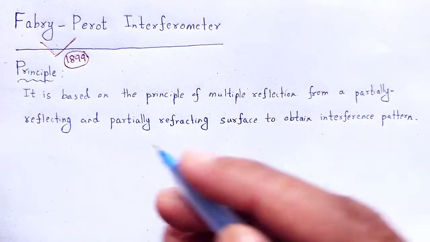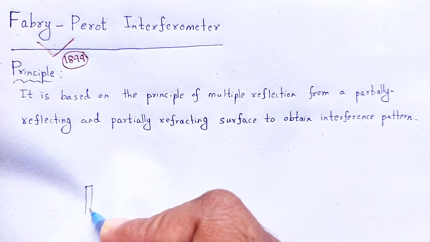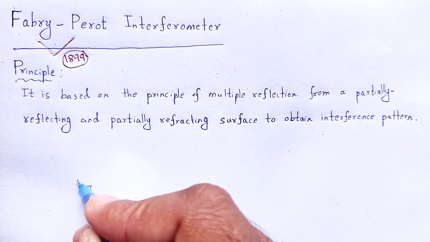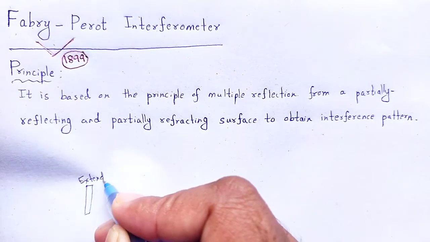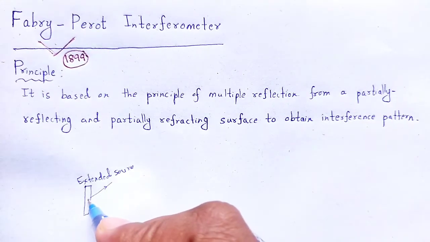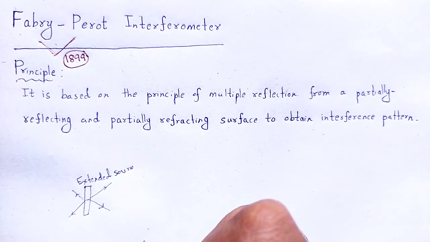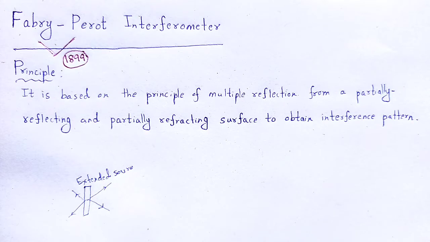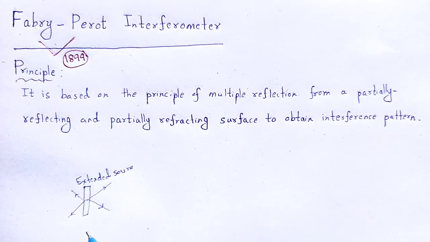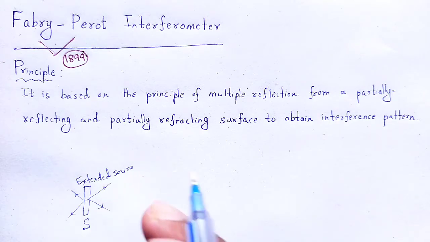An extended source emits light waves, rays of monochromatic light, with a collimating lens which makes the extended light parallel.